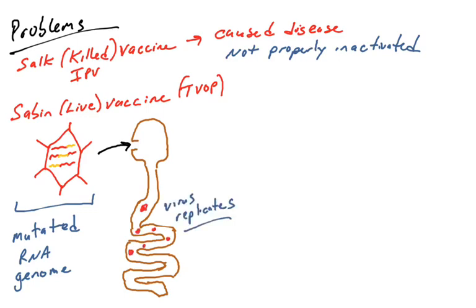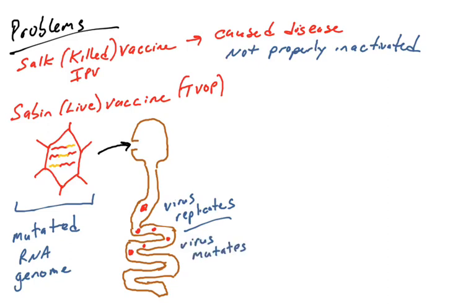It will infect cells in the GI tract, and the virus will replicate. And while the virus is replicating, the immune system is detecting the pathogen. Hopefully you're activating a B lymphocyte response and a T lymphocyte response, and you're getting a primary immune response, which will give you that protective immunity. That's what you're hoping for.